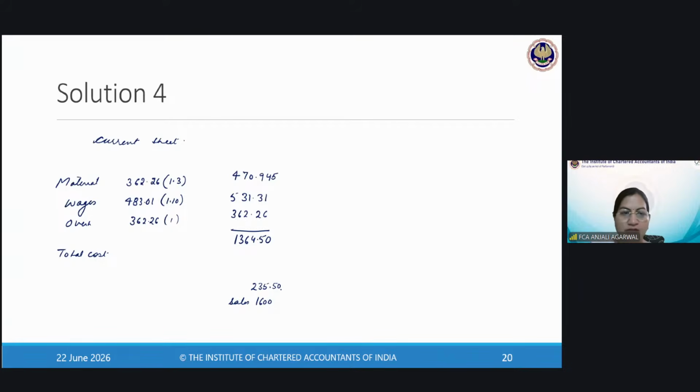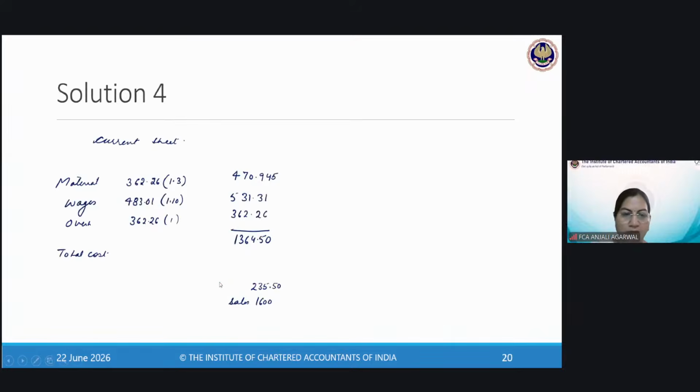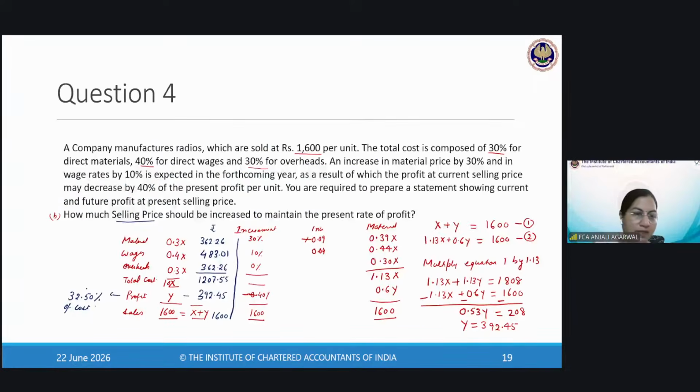And you will see that 235.5 is only 60% of 392. Okay, but we want to keep the profit the same as 32.50% of cost.